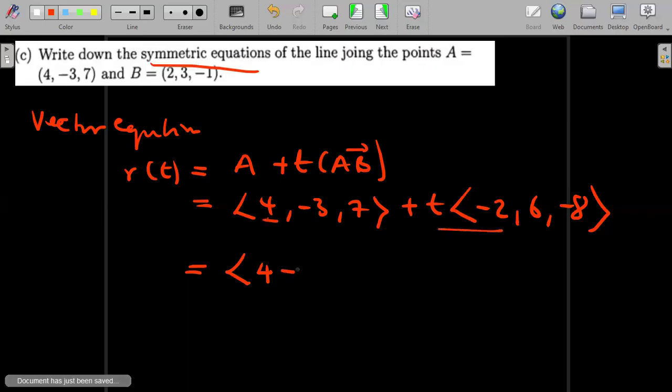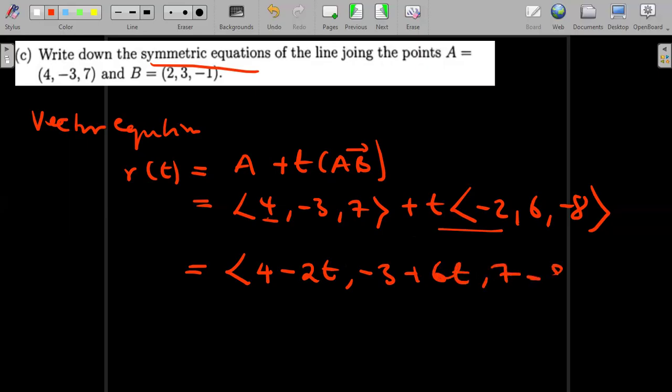So that will be negative 2t, because I'm multiplying the t throughout. Then the next one is negative 3 plus 6t. Then the other one is 7 minus 8t. So this is my vector equation. From the vector equation, I can get my parametric equation.